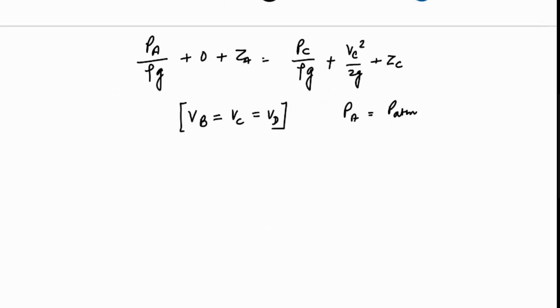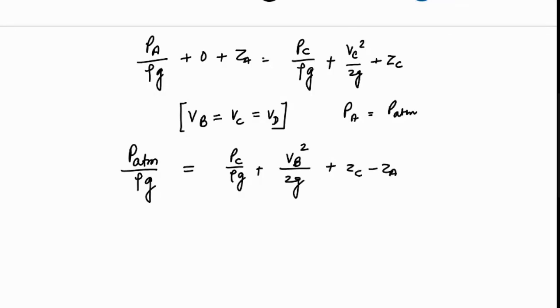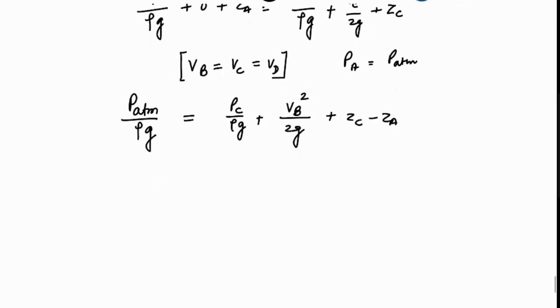So if you plug this in, you will have P atmospheric pressure divided by rho g is equal to, we will put ZA that side, PC by rho g plus VB square by 2g plus ZC minus ZA. And ZC minus ZA, the difference between point A and point C, as I showed you in the figure, this distance is how much?